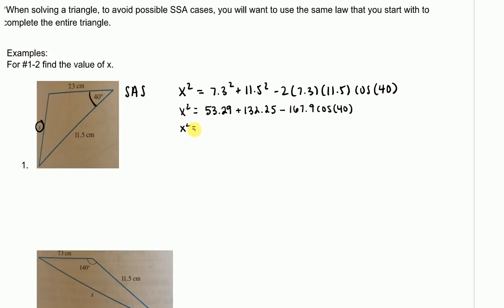Adding our like terms here gives us 185.54 minus 167.9 times the cosine of 40, and then we just figure out what that right hand side is equal to. So x squared is about 56.92, and when we square root both sides to find x, we get that x is about 7.5 centimeters.